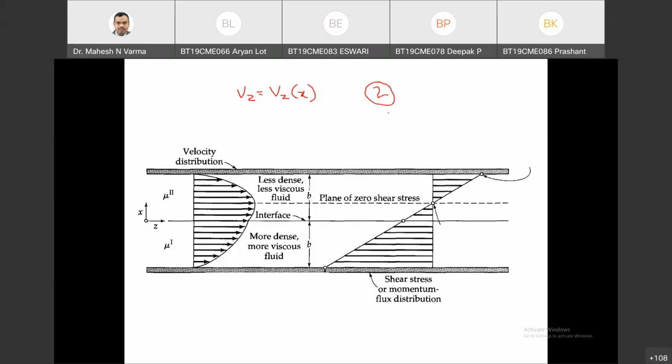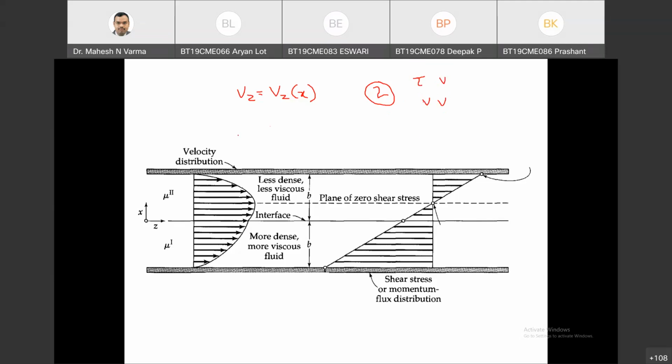If Vz is a function of x, I will get a second order, one dimensional velocity differential equation. This can be solved using one flux boundary condition and one velocity boundary condition, or using two velocity boundary conditions.